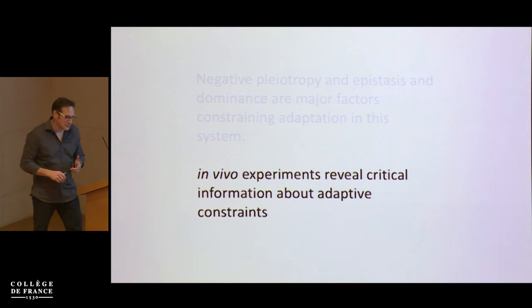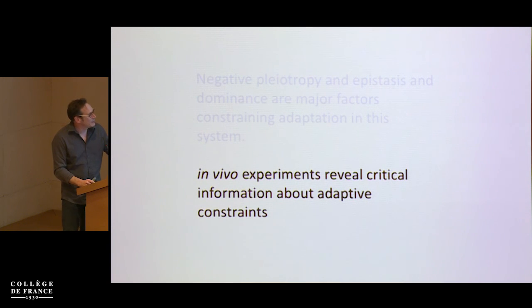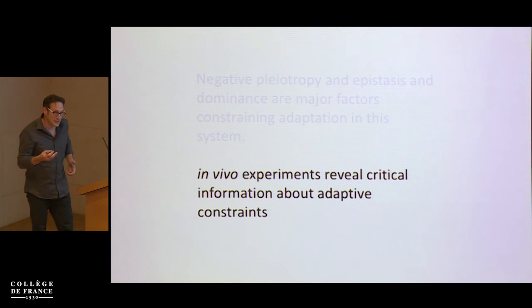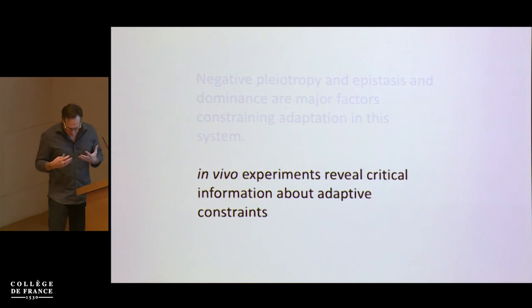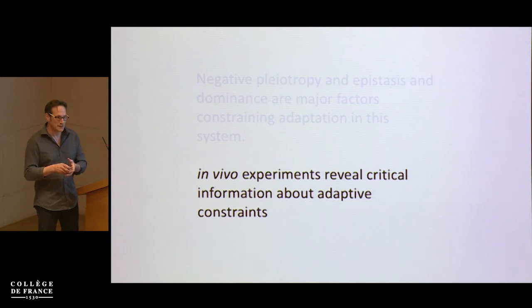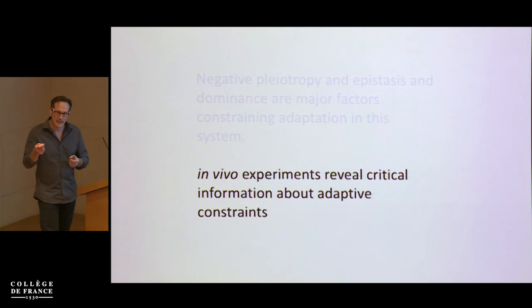And I think what this work really shows is that in vivo experiments reveal critical information about the adaptive constraints operating here. And our study highlights the limitations of in vitro experiments. While it's tempting to use an in vitro assay as a proxy for fitness, for example, what's the effect of this mutation on enzyme activity, and then relate that to the ecology, the actual fitness of a mutation is going to be some complicated convolution among different phenotypes, ranging from the effect on enzyme function to tissue function to organism function in its environment.